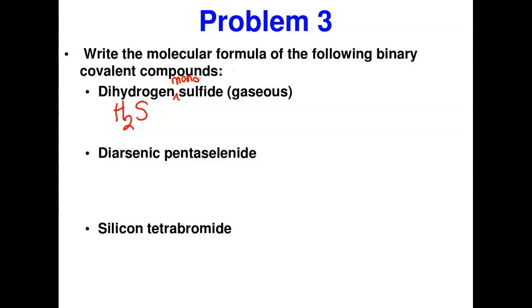Now for the next one, it says diarsenic. You look at your periodic table. The arsenic is As. But how many do we have there? 2 arsenic. So it's going to be As2. And then the next one, this is diarsenic. That's what we have here. Penta. Penta simply means 5.